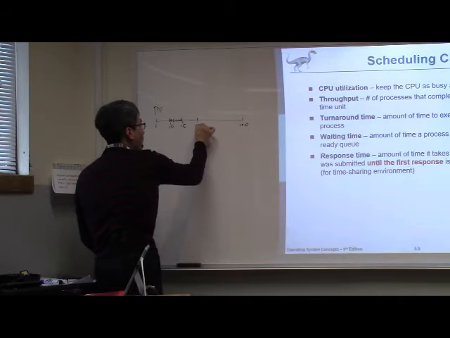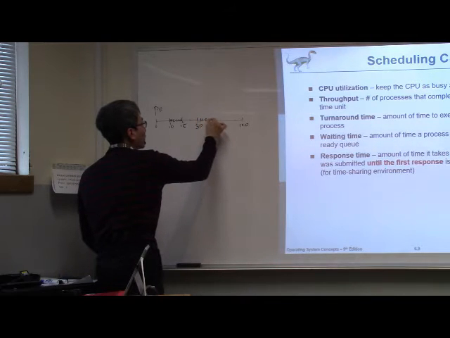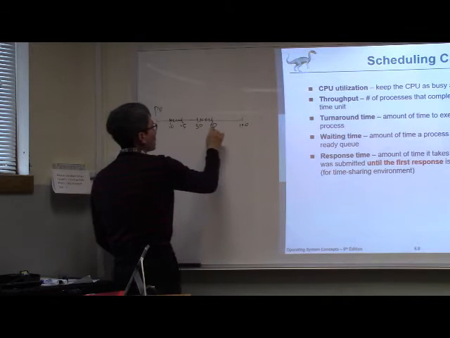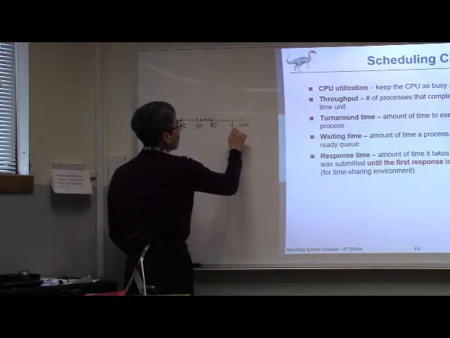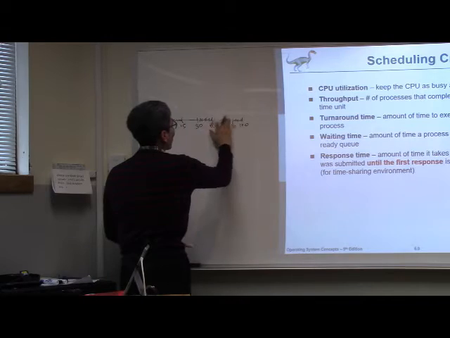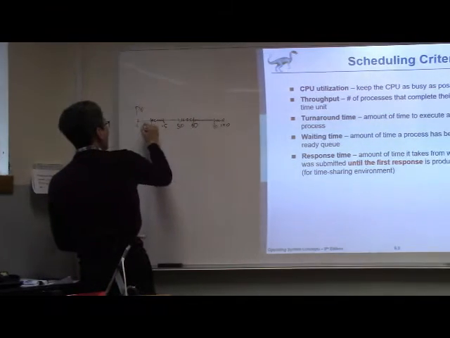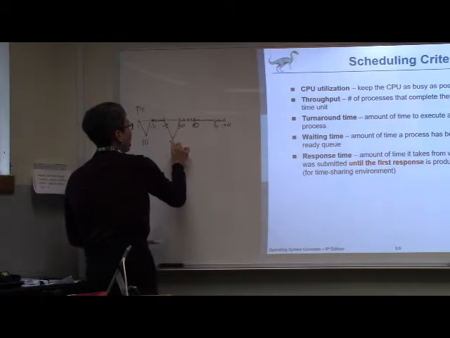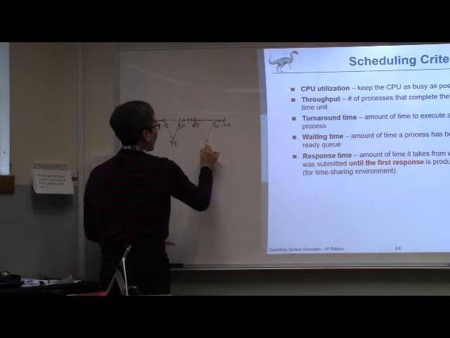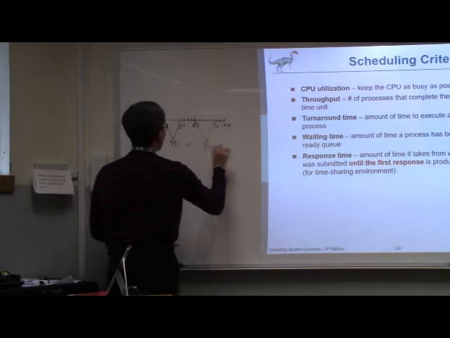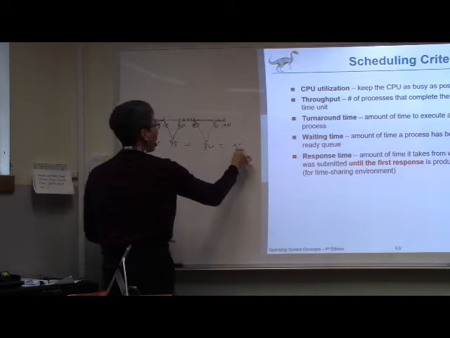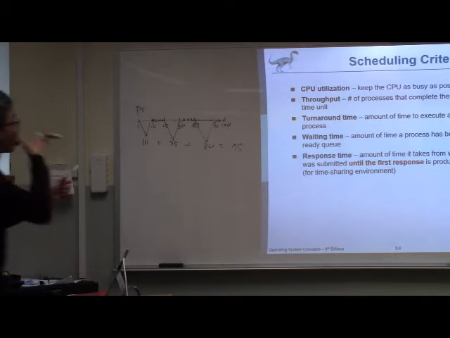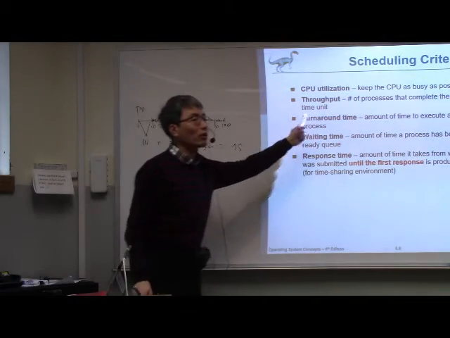And wait until 50 and take 10 microseconds from 50 to 60 and wait, and 90 to 100, and finally this is waiting. So this amount of time, like the 10, 35, and 30, so this 75 is the waiting time. Okay, even though it takes, in this case, what is the turnaround time?